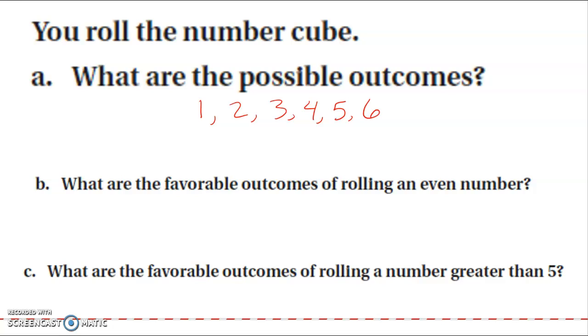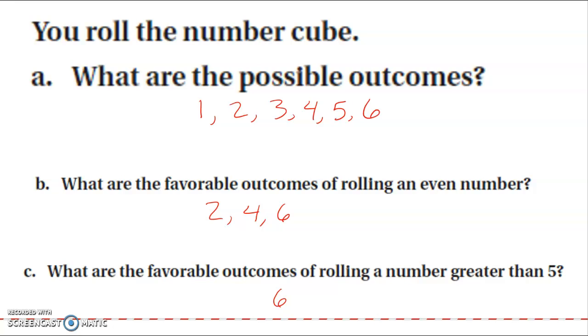What are the favorable outcomes of rolling an even number? That would be a 2, a 4, and a 6. What are the favorable outcomes of rolling a number greater than 5? So what numbers are greater than 5? The number 6. So when it's saying what are the favorable outcomes, you actually have to list them.